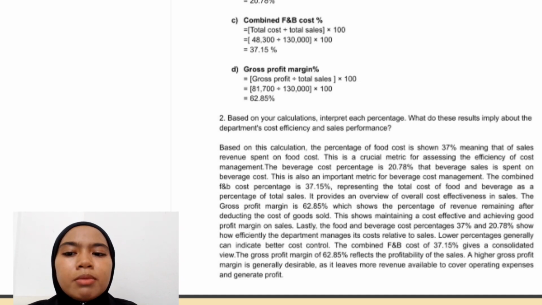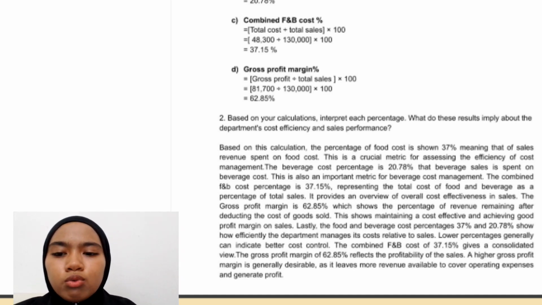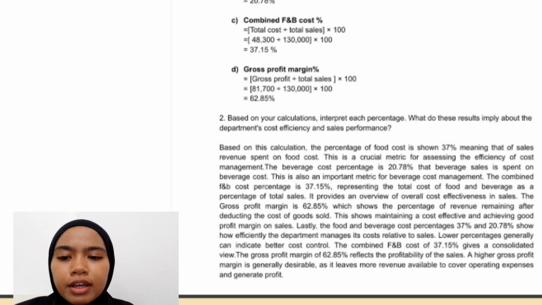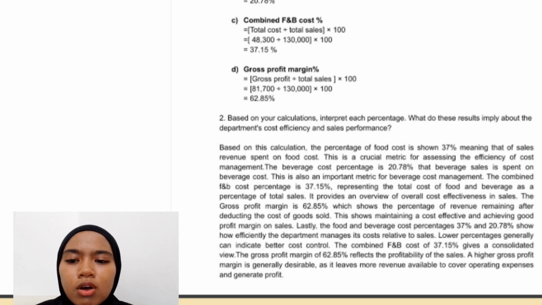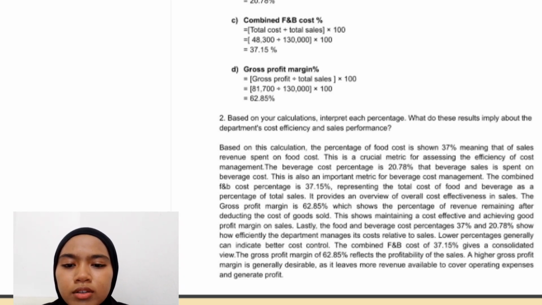The gross profit margin is 62.85%, which is the percentage of revenue remaining after deducting the cost of goods sold. This shows maintaining a cost-effective operation and achieving a good profit margin on sale.